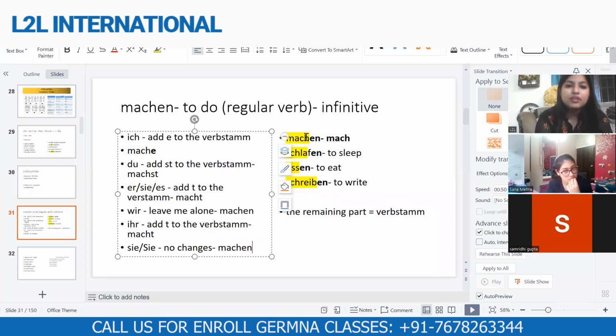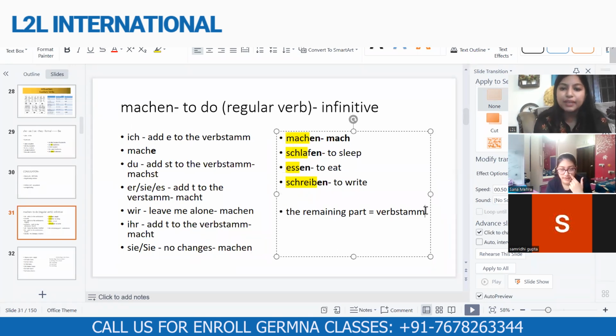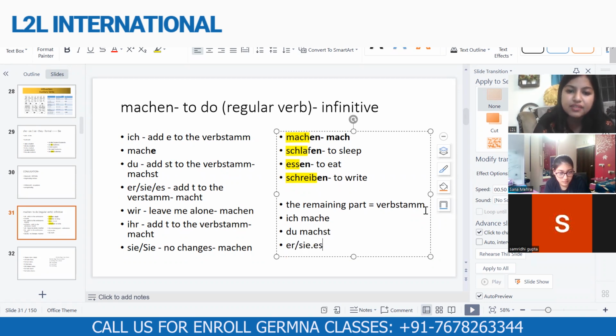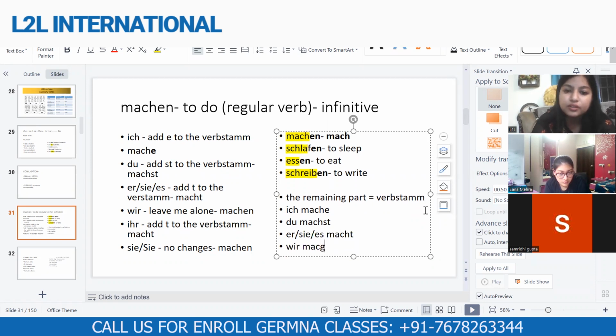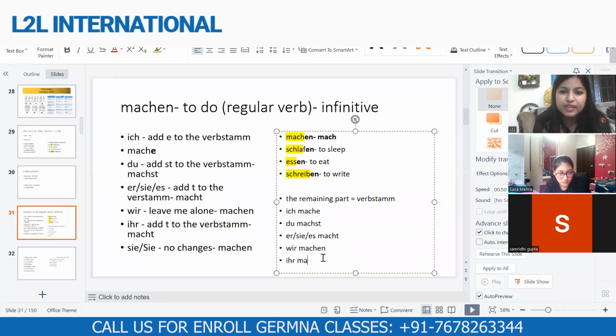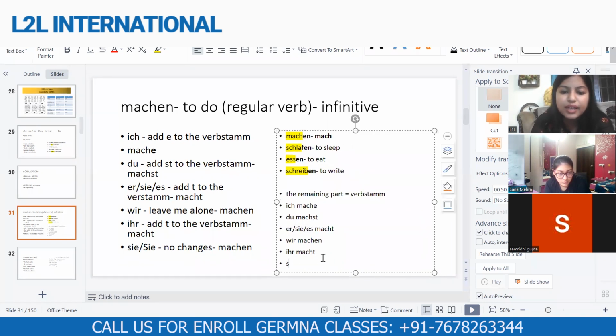So now the conjugation became like that. Ich mache, du machst, er, sie, es, all three take macht. Wir, no change, machen. Ihr, it is the same as er, sie, es: macht. And sie, Sie, again no change, it will remain machen.